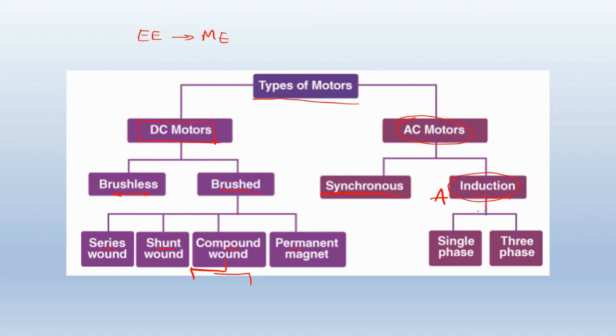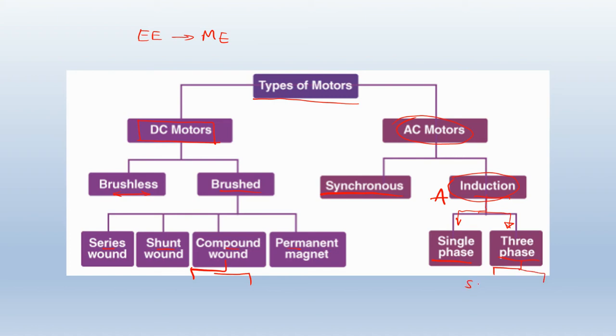Again, induction motors are classified into two types. If the single phase supply is required, then it is called as single phase induction motor, and if three phase supply is required, then it is called as three phase induction motor. Again, three phase induction motors are classified into two types.